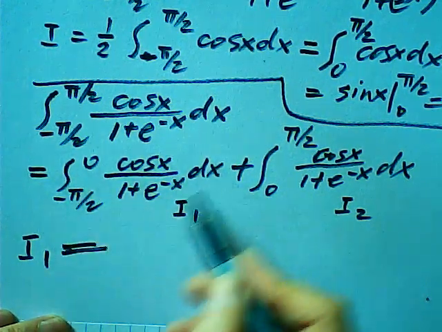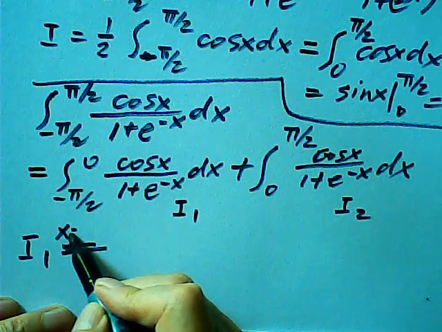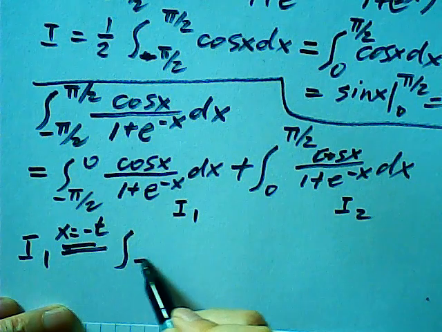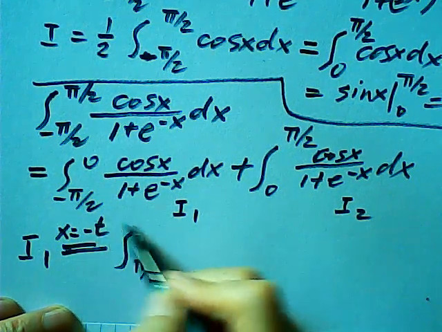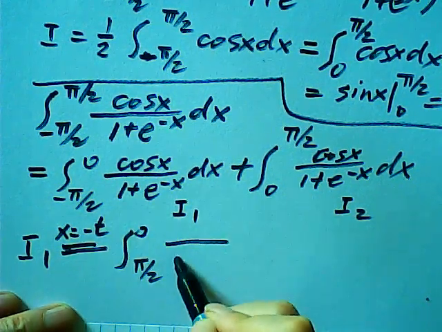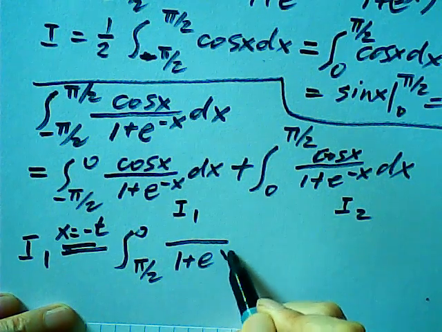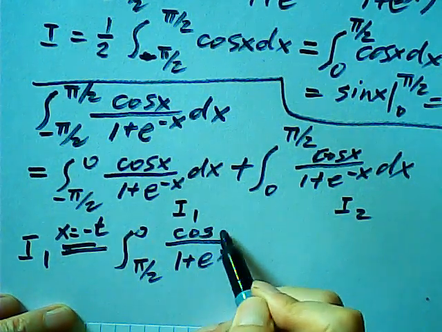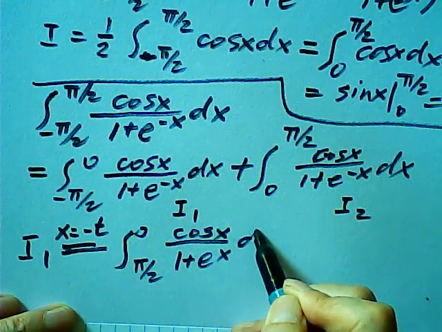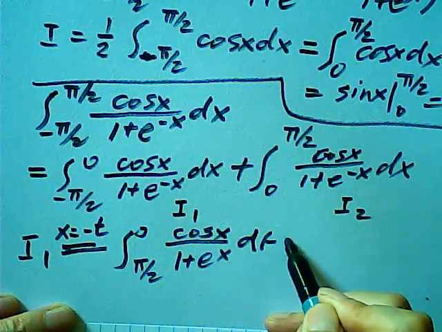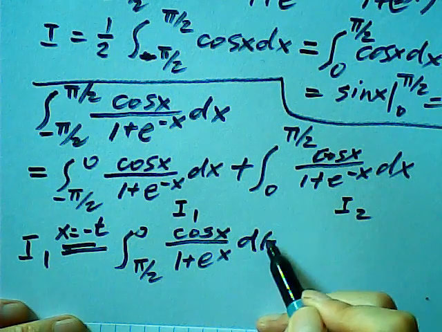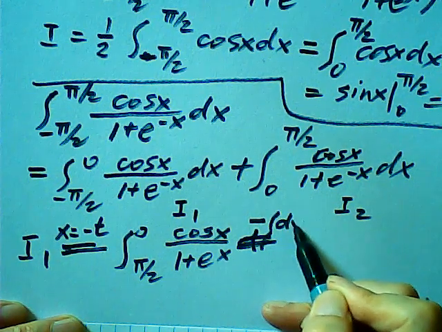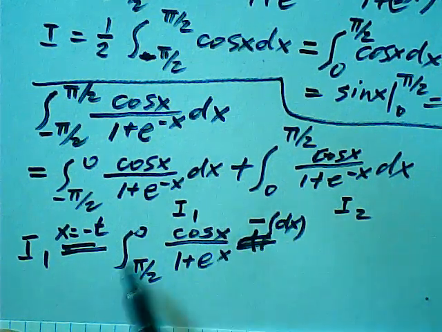Now I1, I put x equals negative t. So this will be positive, from 0. This will be 1 plus e to the t. Cosine is the same thing, right? Cosine of negative and positive is the same thing. d negative t. I changed the dummy variable already, okay?